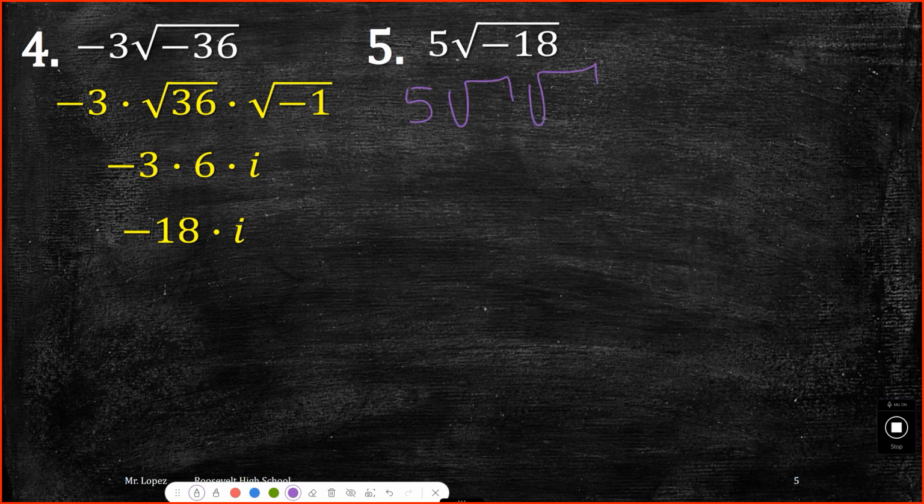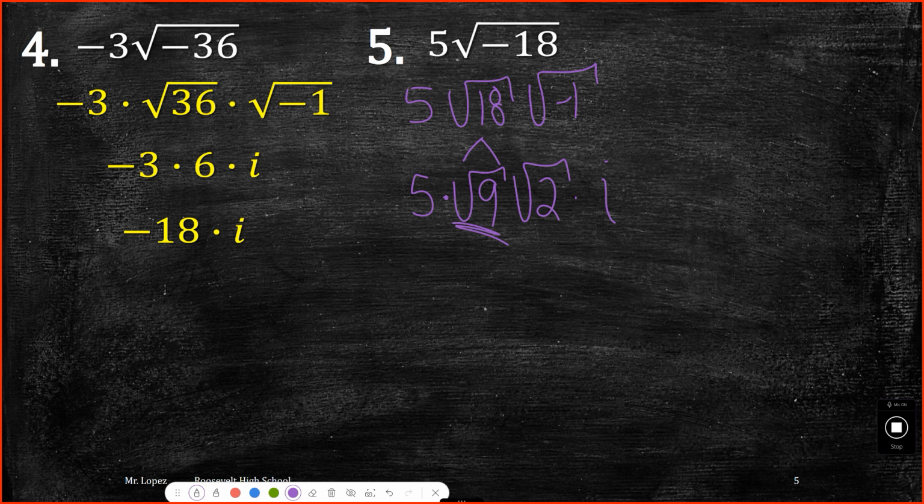Separate the negative from the positive. 18 and negative 1. Just get that one in there. Get them out. What are the 2 numbers for 18? Man, if somebody says 6 and 3, I'm like, you know how to multiply, you know some, but the right numbers are 9 and 2. I wouldn't hire you as my lawyer because you're not doing it right. Square root of negative 1 is i.